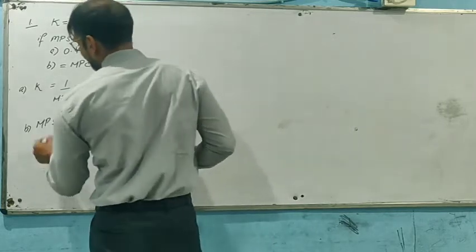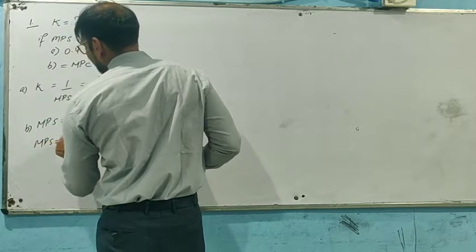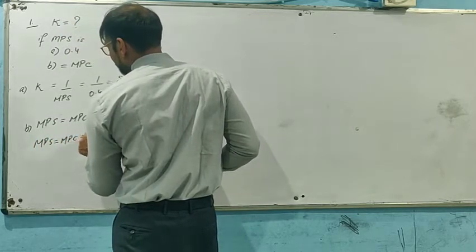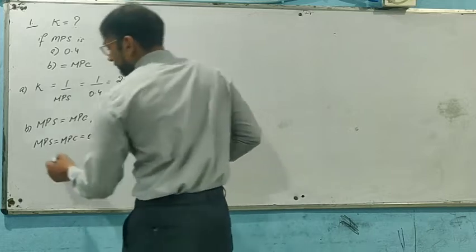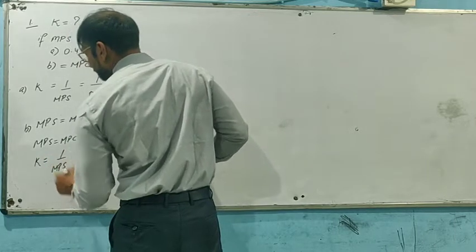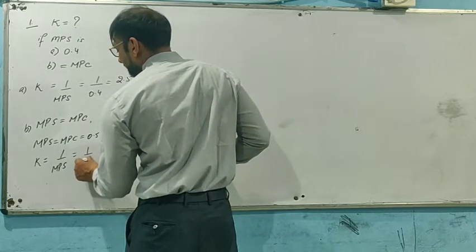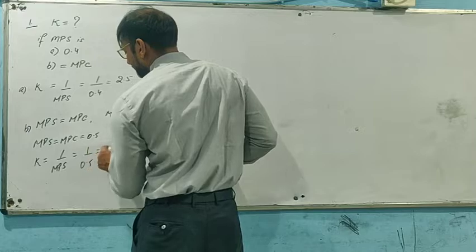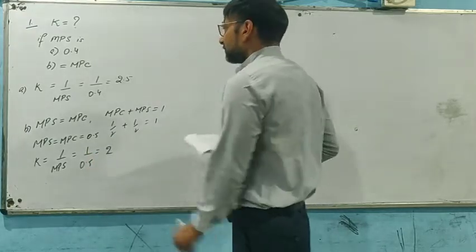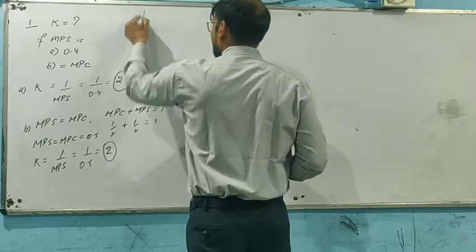So we can say that MPS equals to MPC equals to 0.5. So if we need to find out multiplier, again we put the formula K equals to 1 upon MPS, that is 1 upon 0.5, that is 2. So this is the first answer, this is the second answer that we have figured out.